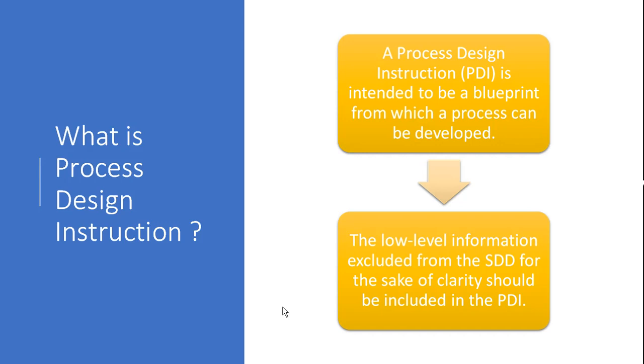That is the reason for the low level, how the process will look like: what process instructions have to be taken care of when we create the process. So each and everything will be the blueprint of the developed process.